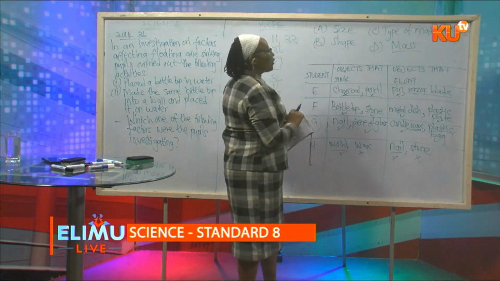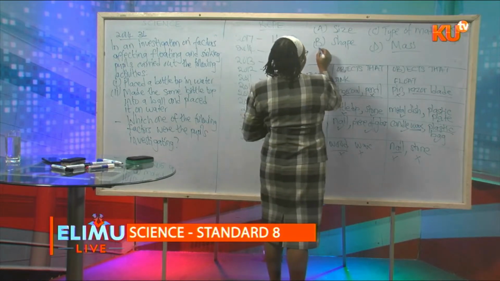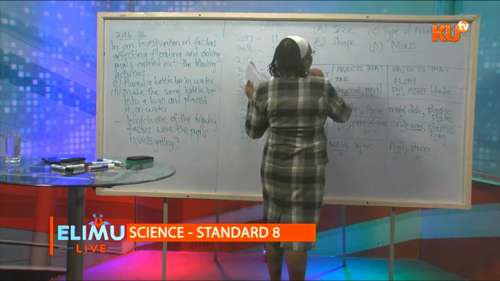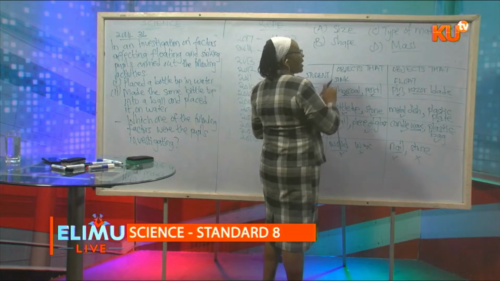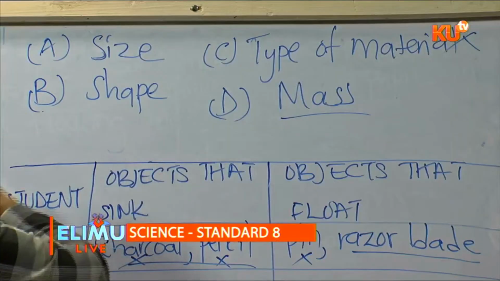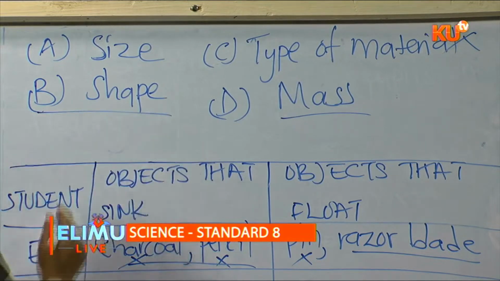Big objects can float because of their materials. So since you have made this metallic bottle top into the shape it has, it will float, and when you crush it again, you have now changed the shape and it is going to sink. So the correct answer is choice B.